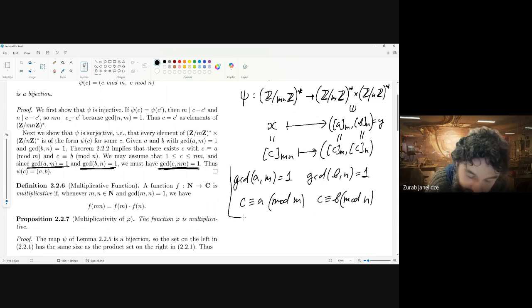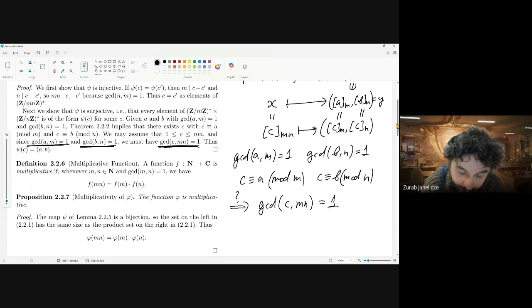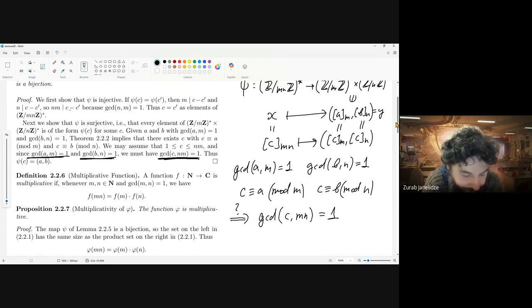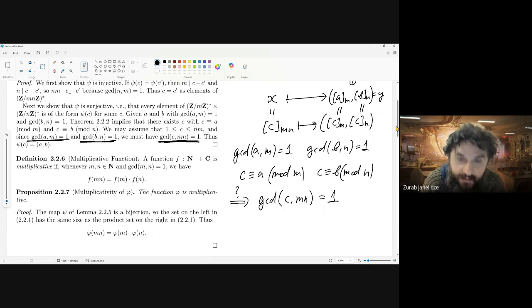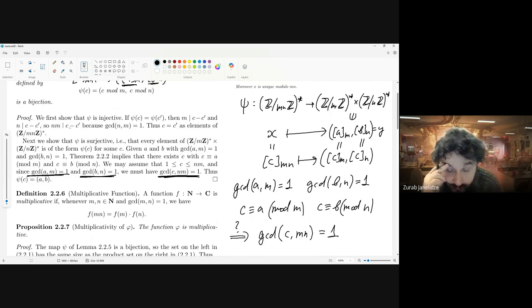Now, knowing all of this, we want to be able to conclude from there. So we want to decide whether this implies or not that GCD of C and MN is also equal to 1. So how can we get that? Any thoughts on that? It feels like it should be easy, right?